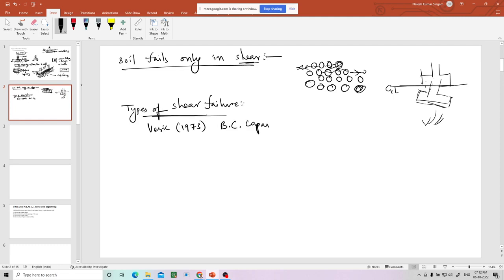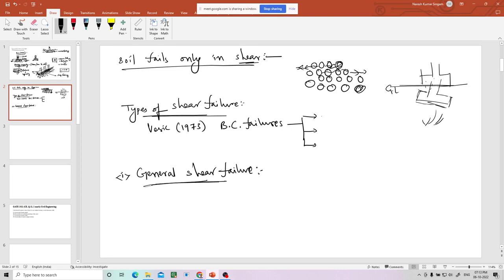He classified bearing capacity failures into 3 categories, okay. All are shear failures, but there are 3 categories in those shear failures. First one is general shear failure.